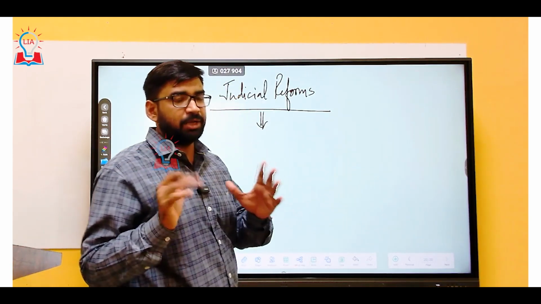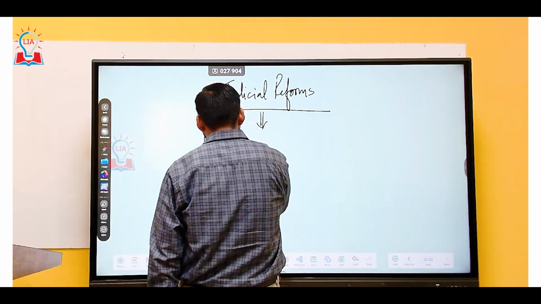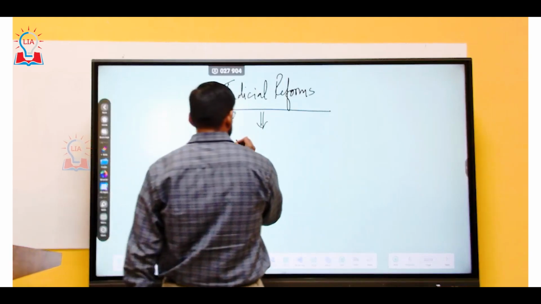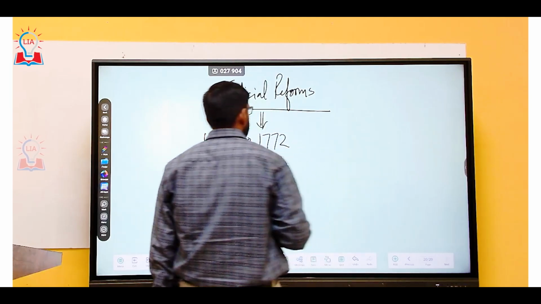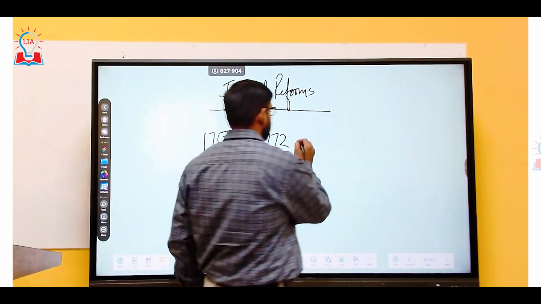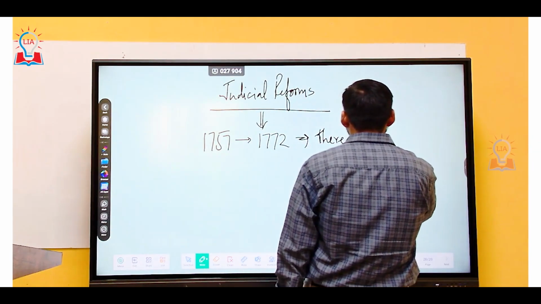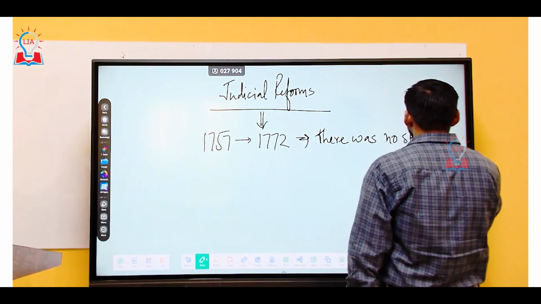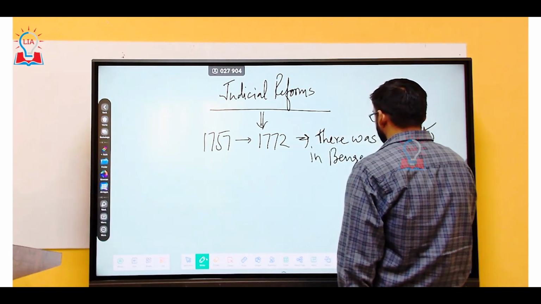Before that, let me tell you that from 1757 till 1772, there was no state in Bengal.